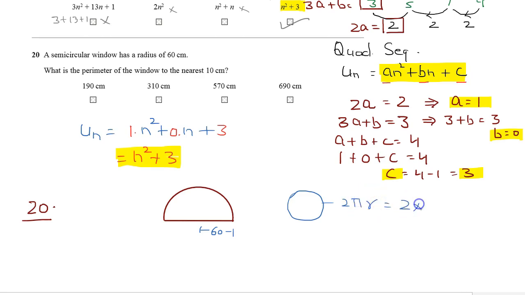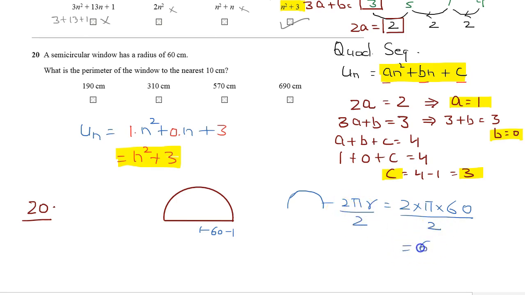So that is 2 multiplied by pi multiplied by r, which is 60, so that is 120 pi. But one thing you have to understand, this is a semicircle, so we need only half of this. So we have to divide it by 2.